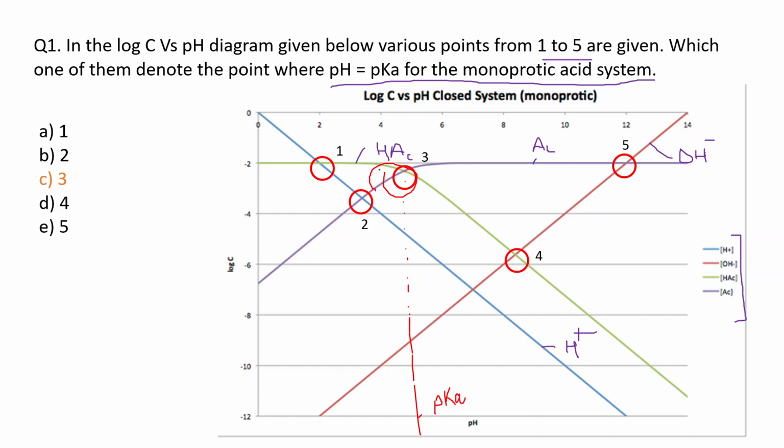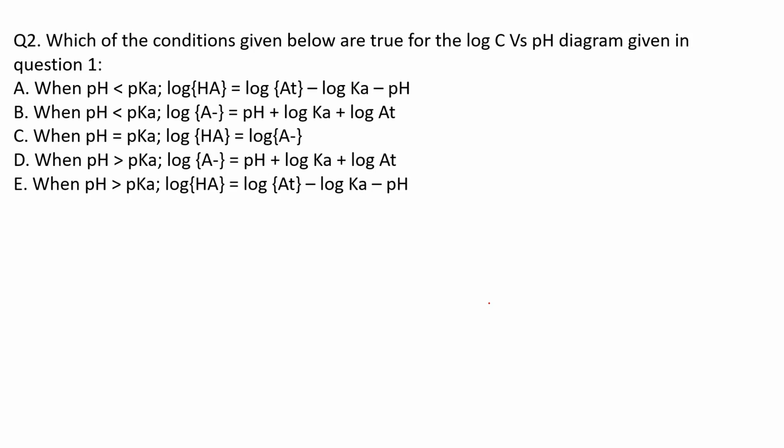Here the concentration of conjugate acid is equal to the concentration of conjugate base. This is point 3. At pH equal to pKa, the activity of HAc is equal to the activity of acetate, which is at point 3. Coming to the next question.